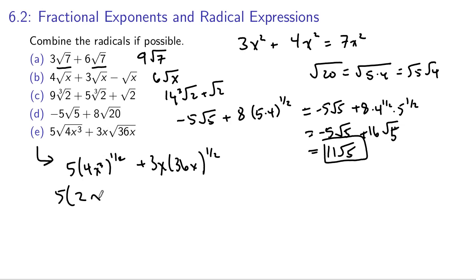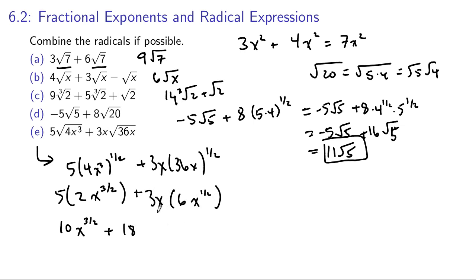1/2 power of x cubed is multiply the exponents, x to the 3/2. Plus 3x, 1/2 power of 36 is 6, because 6 times 6 is 36, x to the 1/2. 5 times 2 is 10, 10x to the 3/2. Plus, and then distributing this, that's not really distributing, just multiplying all this together. 3 times 6 is 18. x times x to the 1/2.